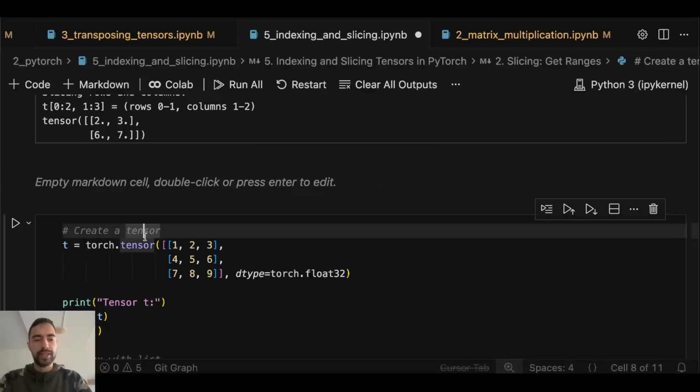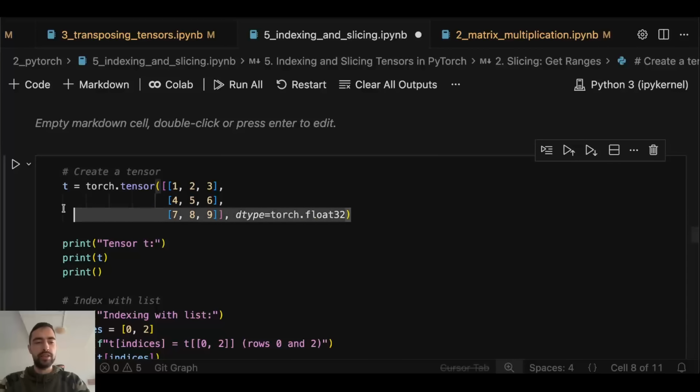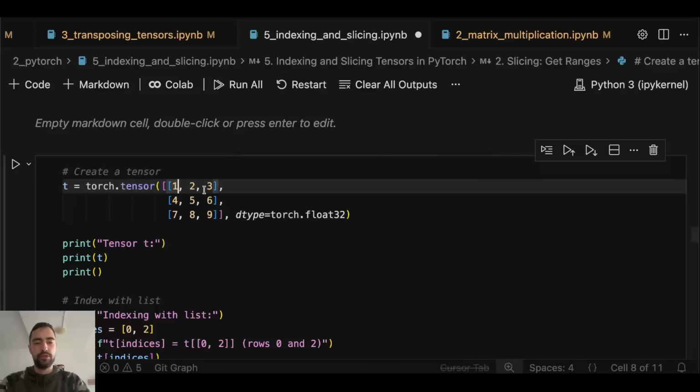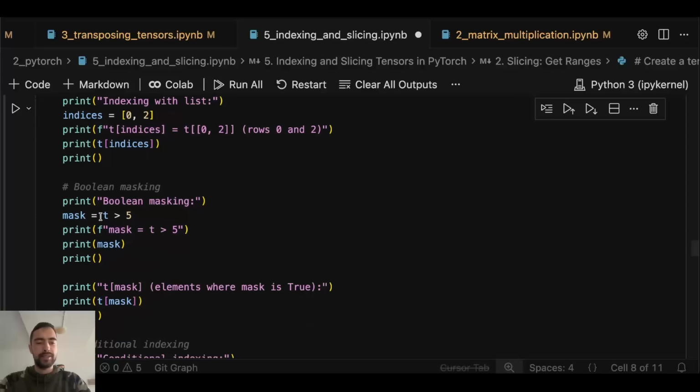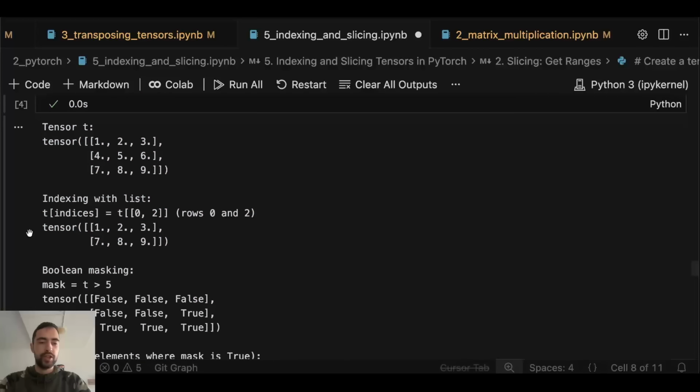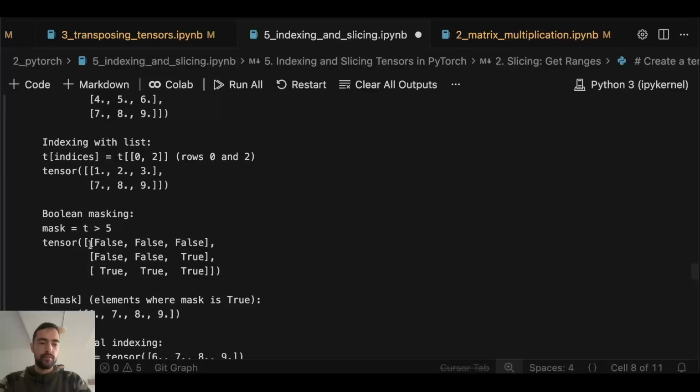You can also create a Boolean mask. Let me show you what that is. If you have a tensor 1, 2, 3, 4, etc., you can say mask is equal to tensor t greater than 5. What that's going to do is replace everything that's greater than 5 with true. So this is 1, 2, 3, 4, 5, okay?